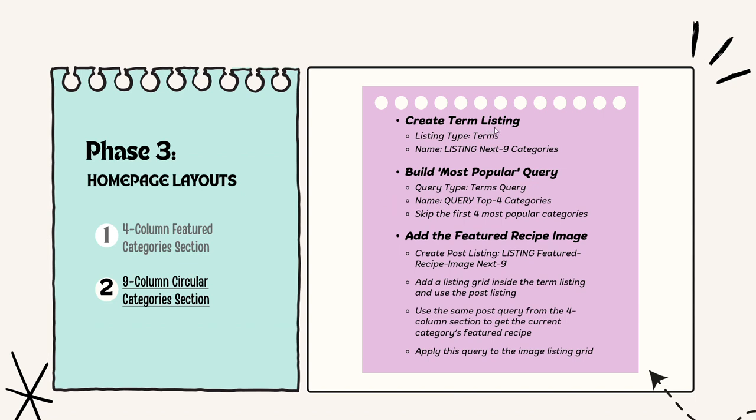Again, we're going to create a term listing, and we have to do it because they're differently styled. Again, we're going to create a most popular query, but there are some differences. And again, we're going to add our featured recipe image, and to do that, we're going to create an image listing.